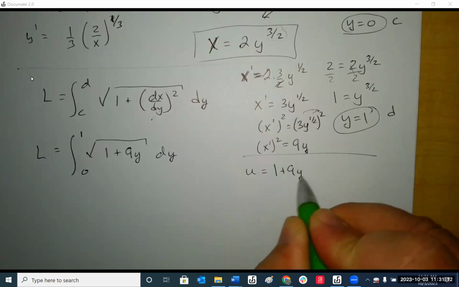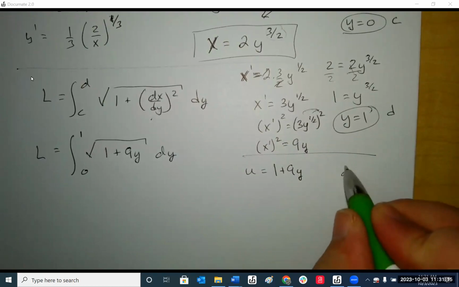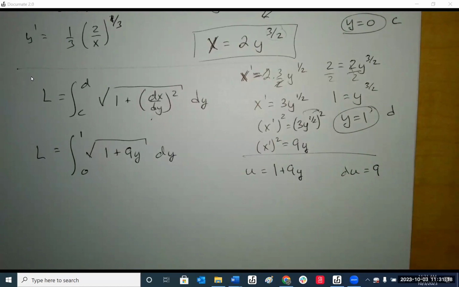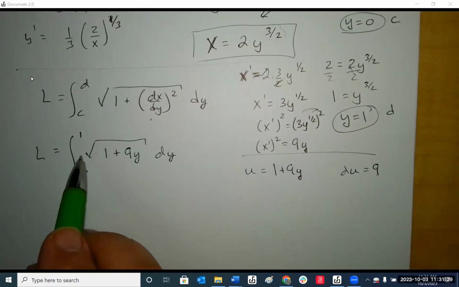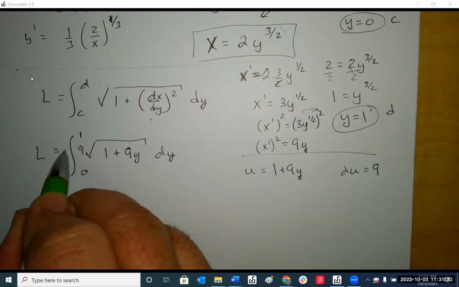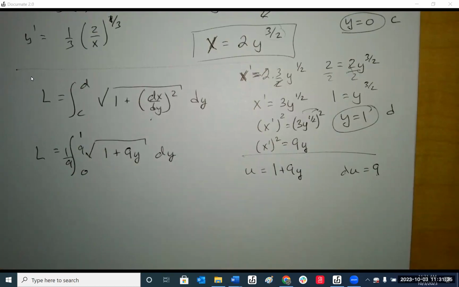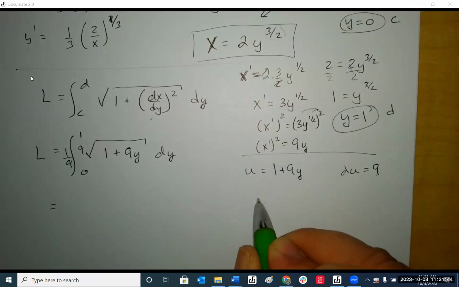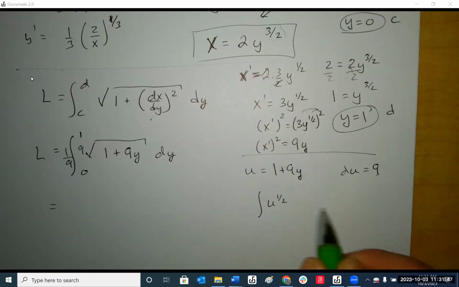Yeah, use u. u, du. So we need to have a 9 out in front. Do we have that? No. So I got to put a 1/9 out in front. So I'm integrating u to the power 1/2, 9 du.